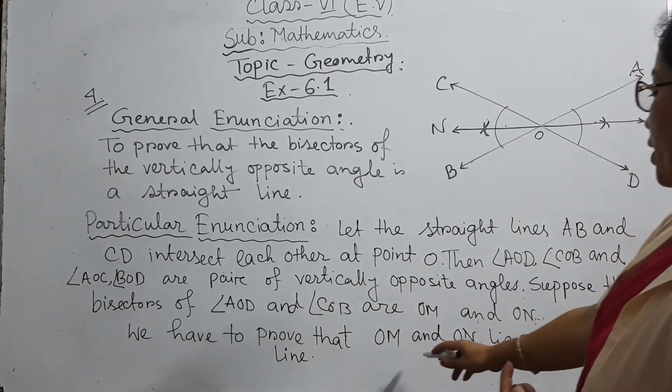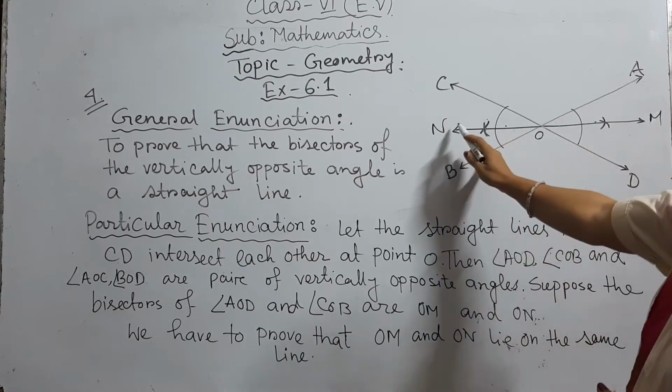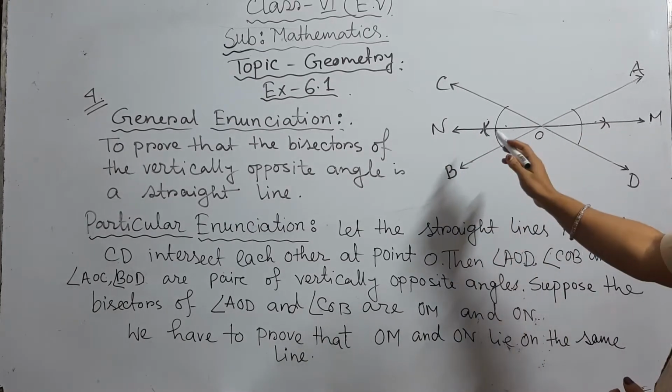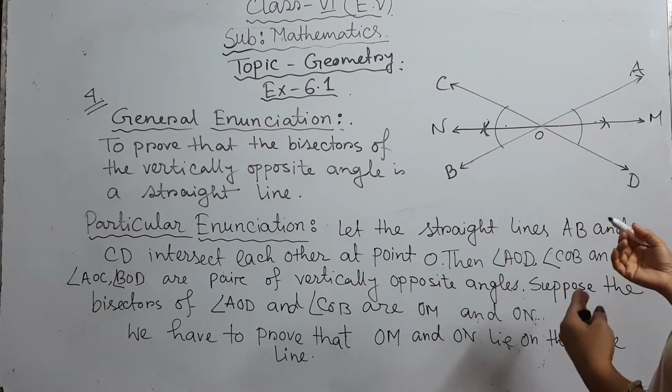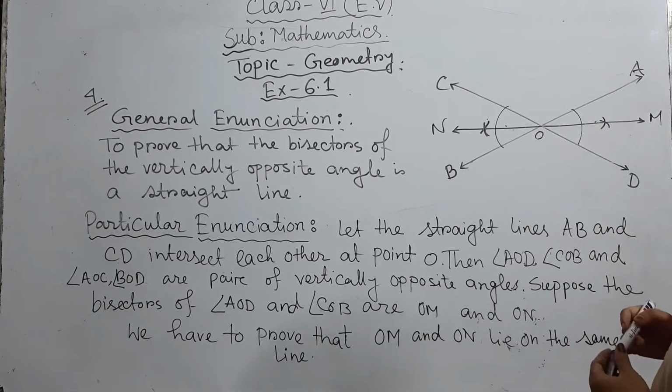We have to prove that OM and ON lie on the same line. In the figure we are seeing it, but now, in the proof, we will prove that they form a straight line.